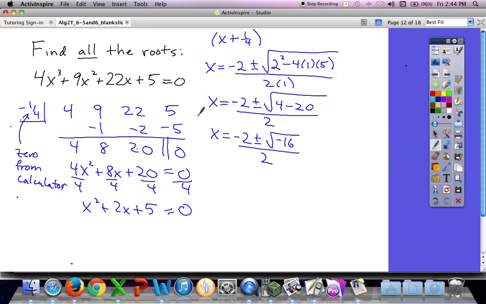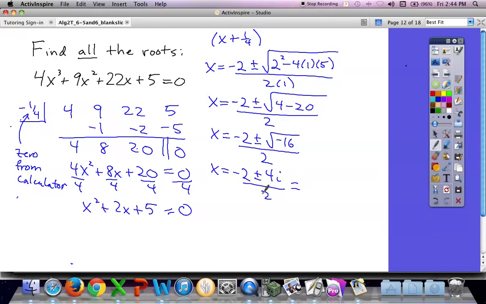Okay, what kind of solutions do we get in here? Imaginary. What is the square root of negative 16? 4i, right? So this is going to be x equals negative 2 plus or minus 4i over 2.